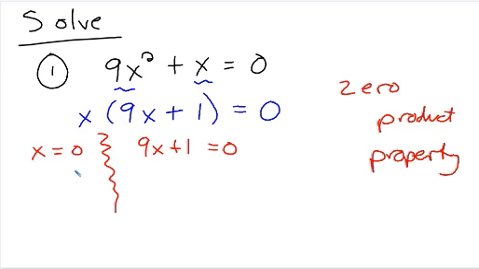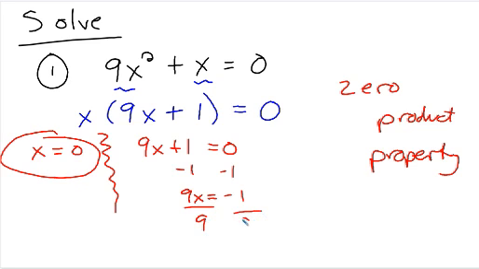And I solve them separately. Well, guess what? This one's already solved. And this one, I just do my algebra. 9x equals negative 1. Divide both sides by 9. So x equals negative 1/9. And guess what? We have two solutions. That's okay. Let's do another one of those.